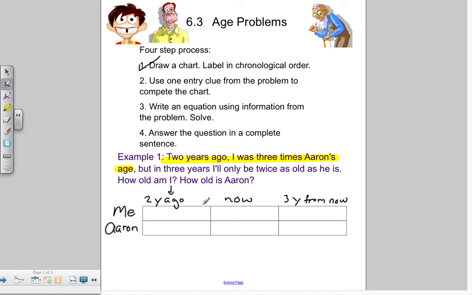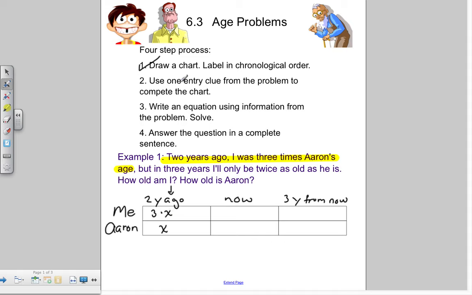I was 3 times Aaron's age. Well, 3 times looks like this. We're talking about me. I'm 3 times Aaron's age, but I don't know what Aaron's age is. So guess what? If you don't know something, you call it a variable. So if Aaron is x, then I am 3 times Aaron's age, or 3x.